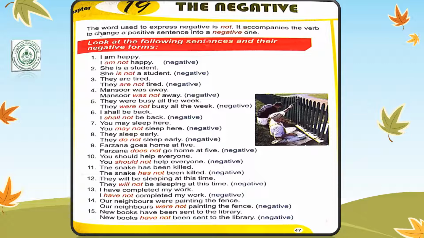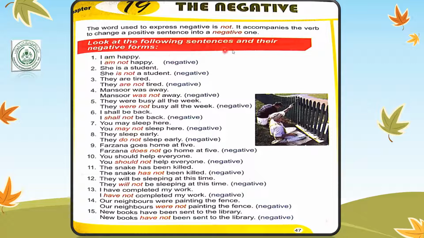It accompanies the verb to change a positive sentence into a negative one. So when you want to change a simple or positive sentence into negative, you have to change it with the help of the verb. Accompanies means with the help of the verb.